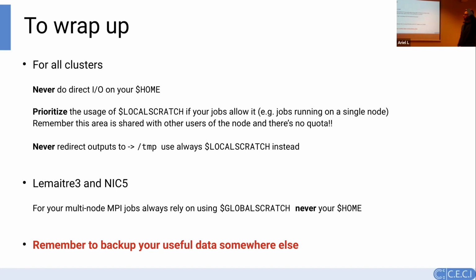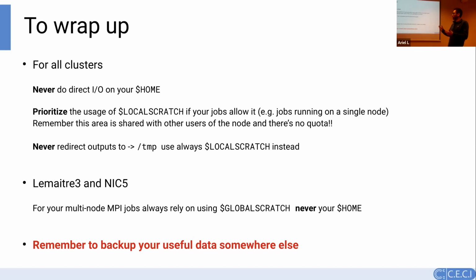So the main advice is, if your job allows it, use local scratch. On all clusters, it will be the most performant file system, and you won't be stressing the network to access the global scratch. So prioritize the usage of local scratch if the size of the I/O that they are going to do allows it.